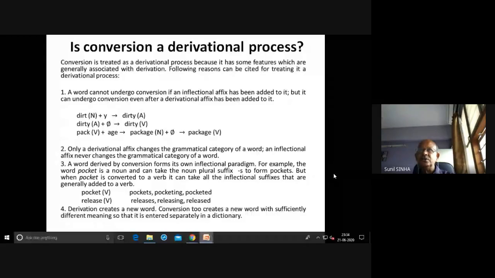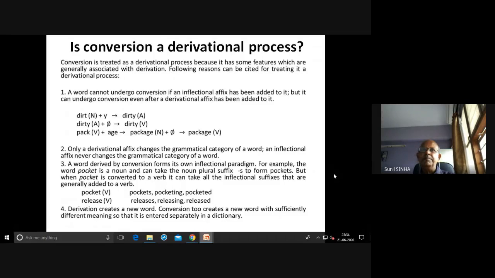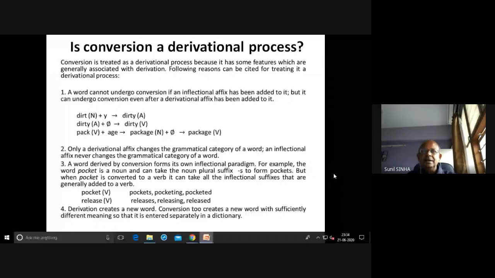And pocket is also a noun because it can take all the inflectional suffixes that a noun can take. Like one pocket, two pockets. We can pluralize it, and only a noun can be pluralized by adding s.